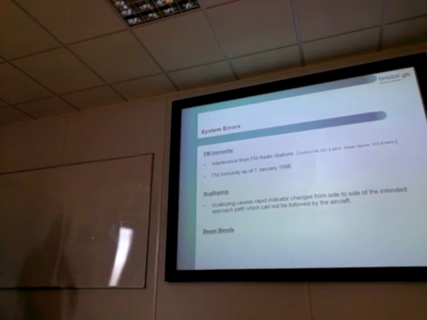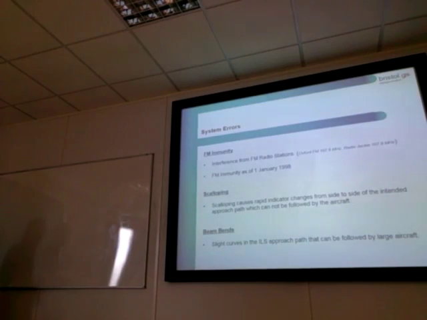You might not even notice it other than your heading change. So a slight curve can be followed even by larger aircraft. That's ILS complete. Any questions?